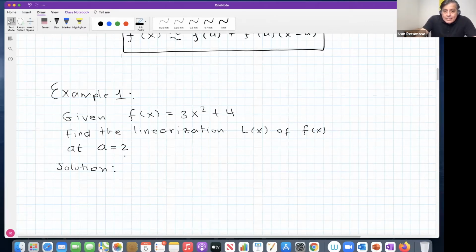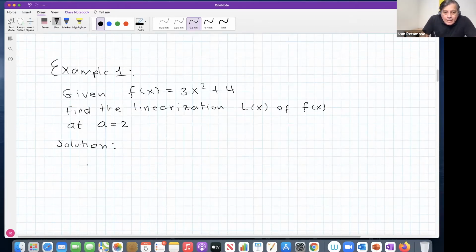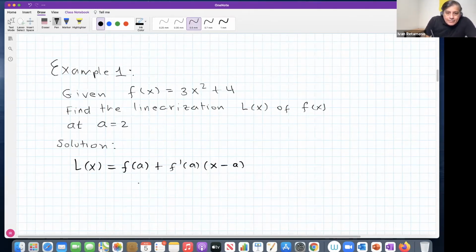So you start by writing out your linearization formula: f of a plus f prime of a multiplying x minus a, where a is the base point. Now, I know that a is 2, right?